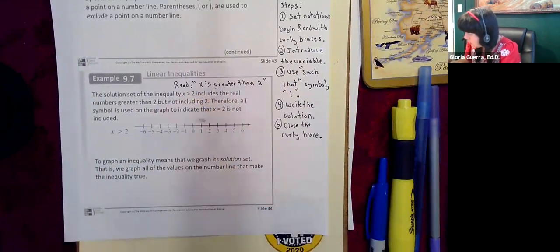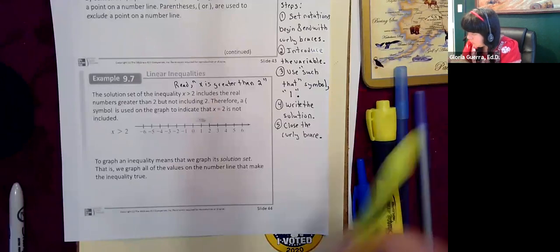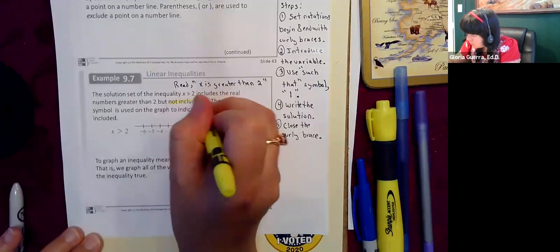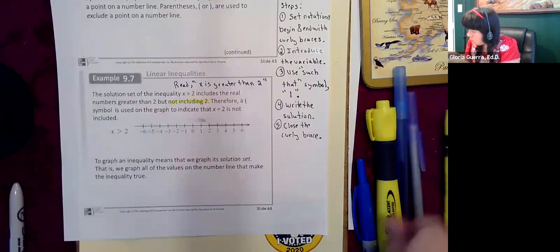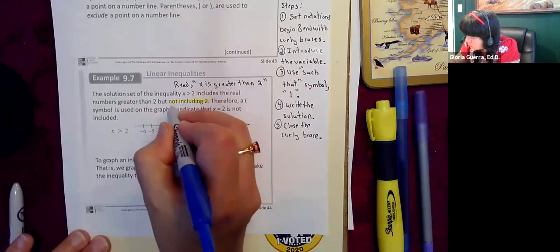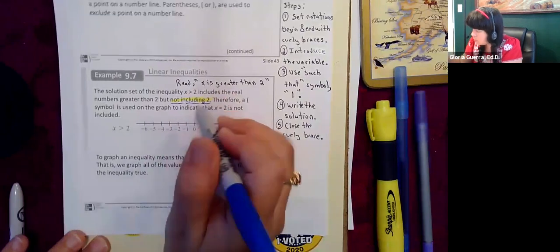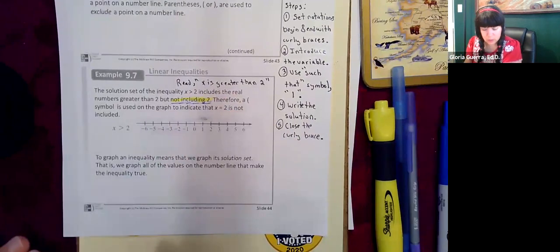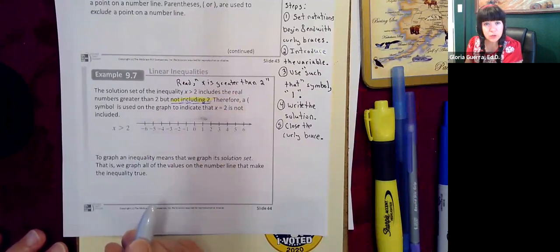So I'm going to underline that, not including 2. Therefore, a parenthesis symbol is used on the graph to indicate that X equals 2 is not actually included in your graph.